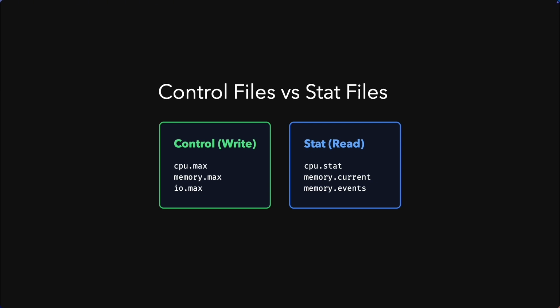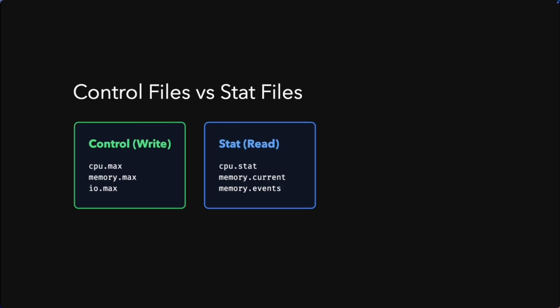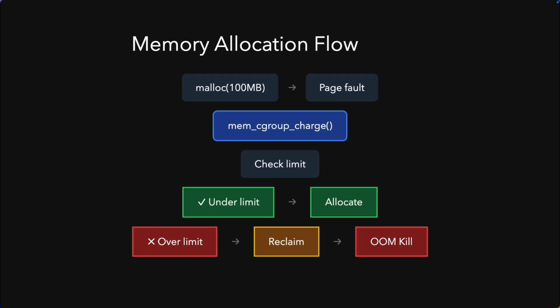Let's trace a memory allocation. First, the process calls malloc, for example 100 megabytes. Then the kernel handles the page fault, then calls mem_cgroup_charge and asks, does the cgroup have room? It checks, does current memory plus 100 megabytes fit in the limit?